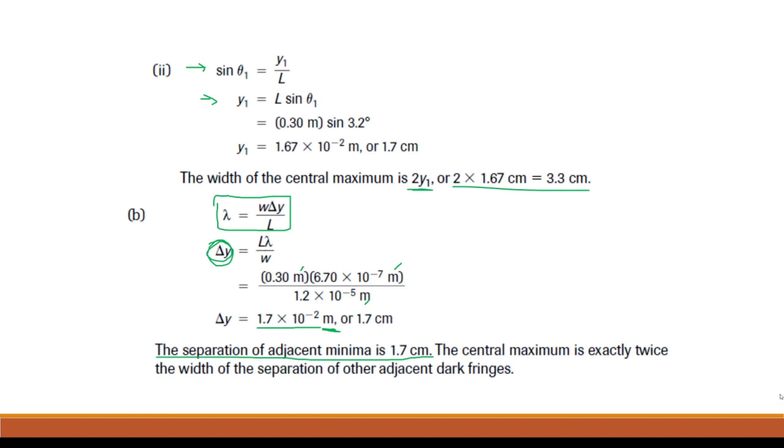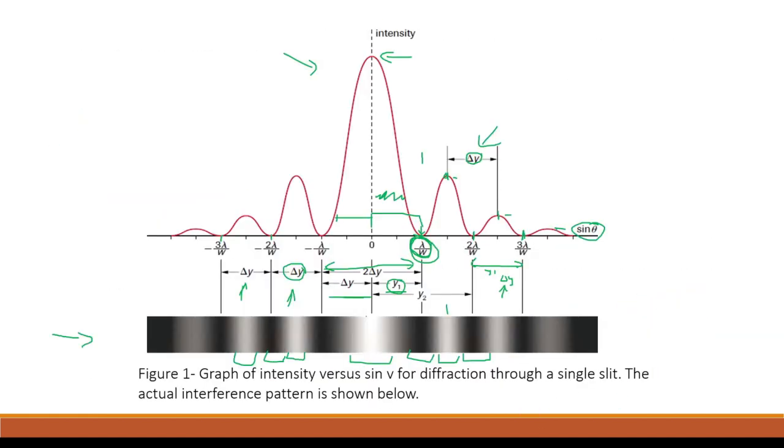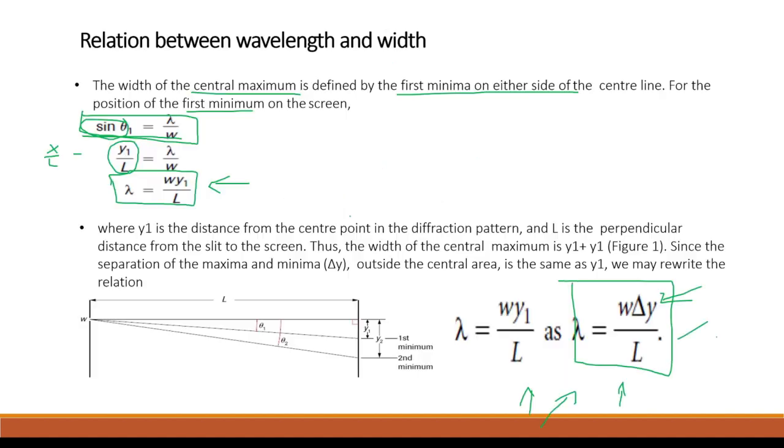What this is really saying is that the central maximum is twice this separation distance. So what is the separation distance? It's delta y. So we're just saying that the size of the central maximum is 2 of this delta y. And we know this to be true because 2 times delta y is the size of this central maximum.